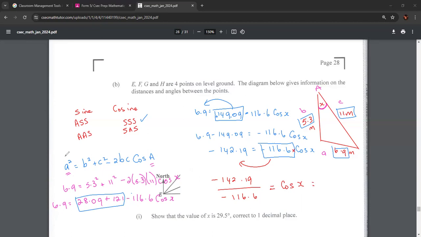Just a second, let me just double check something. You know what happened here? I didn't square the 6.9. Right, so remember, it's 6.9, it's a squared. So this is supposed to be squared.